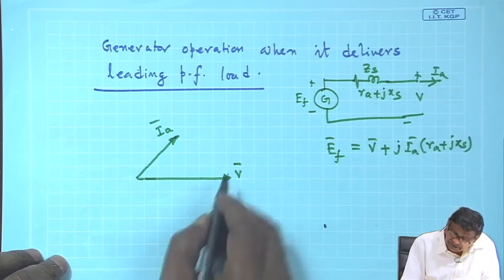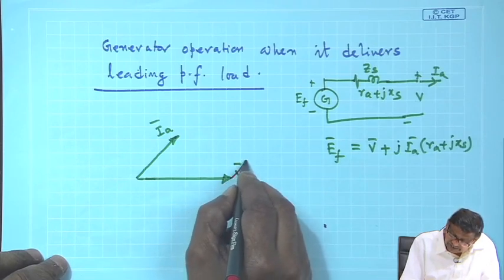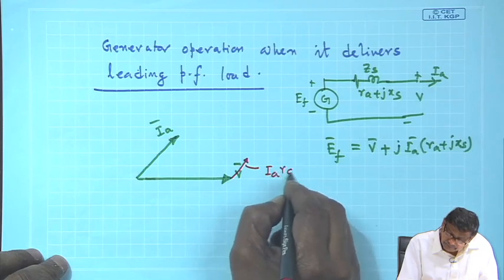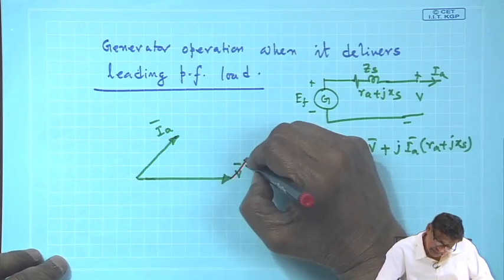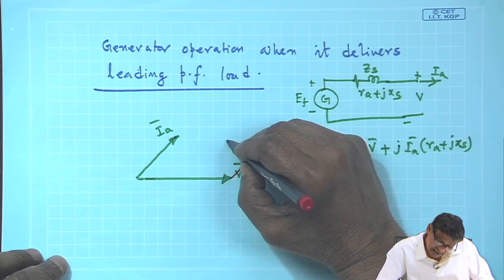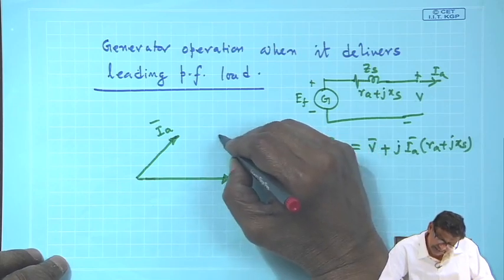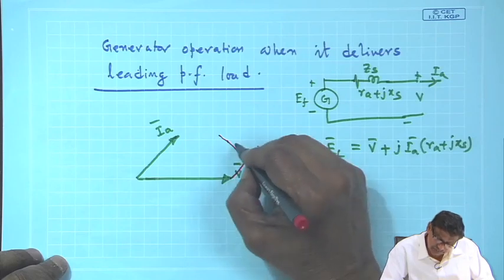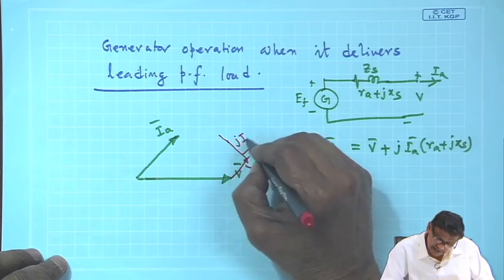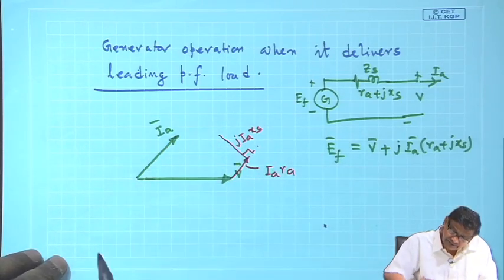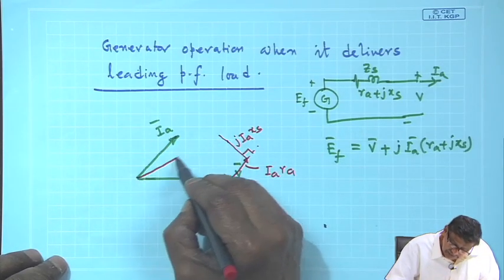So, V plus I a R a I will add, this is small, and then to this I must add j I a X s such that this angle is 90 degree, and this length is much higher than this fellow. I am not breaking up j X s into X a L and X a R. Then you will get E f.